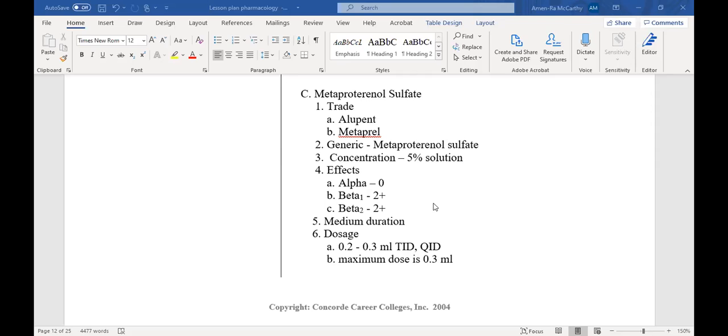The concentration of that drug is a 5% solution. So Ms. Woods, your drug is a 5% solution. How many milligrams are in each cc of your drug? 50 milligrams. Excellent. 50 milligrams for every cc. Good.